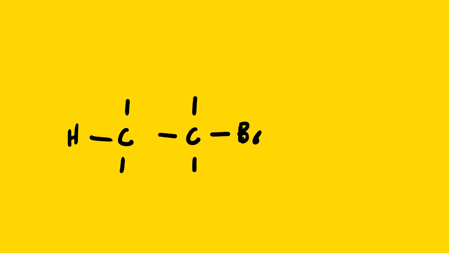So let's say we have SN2 under primary alkyl halide. Remember, a primary alkyl halide is when we have our halogen bonded with a carbon that is bonded with another carbon. Let me actually try to use the stereochemistry. So we have C here, and then we can just write it like this.